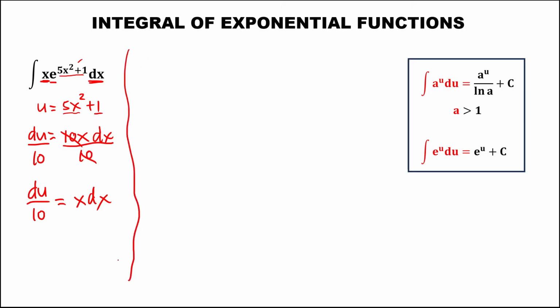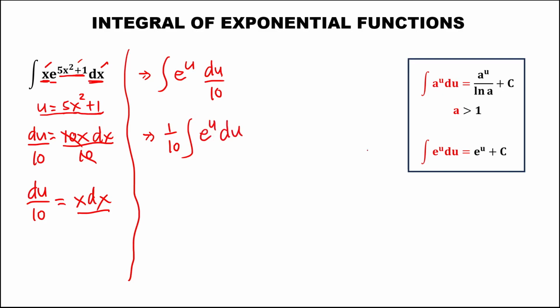Then to rewrite this integral, we have the integral of e to the power 5x squared plus 1, that's equal to u, and this x dx is equal to du over 10. Then we need to put this denominator 10 outside, so this is 1 over 10 times the integral of e to the power u du.